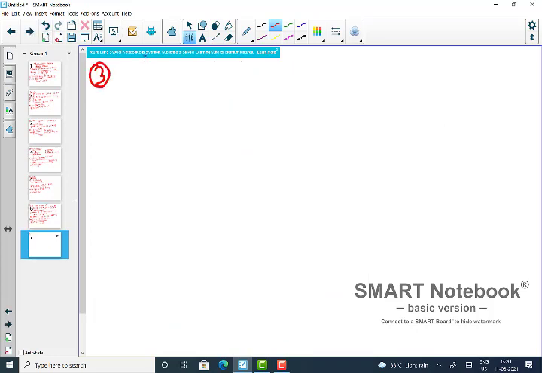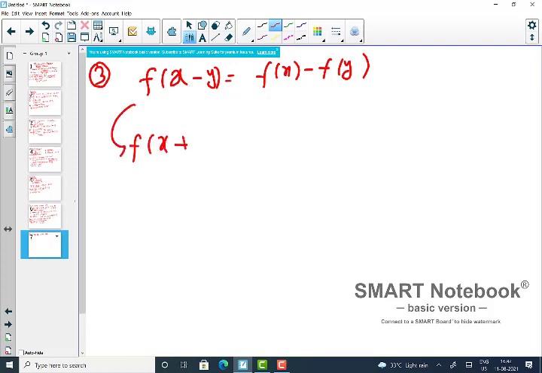And the next property will be again similar. If you choose the negative vector, then f of x minus y will automatically be f of x minus f of y. You can think of this as f of x plus minus 1 times y.